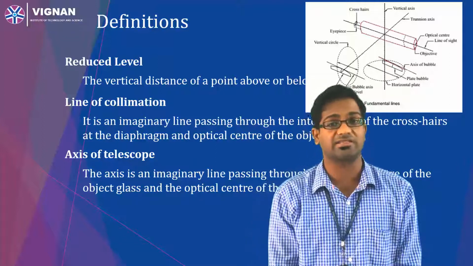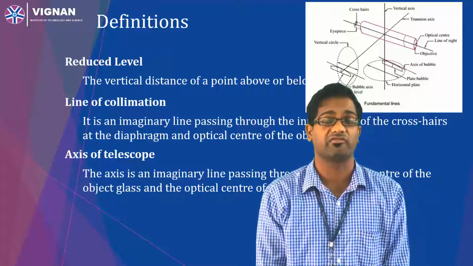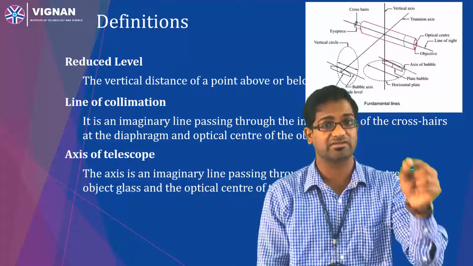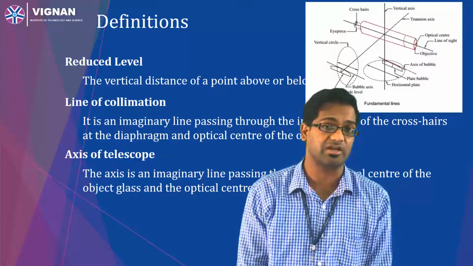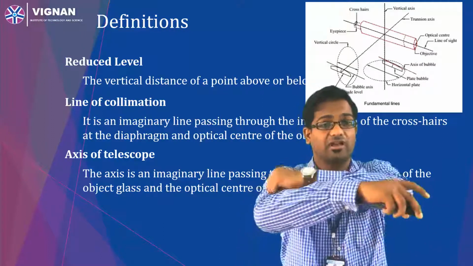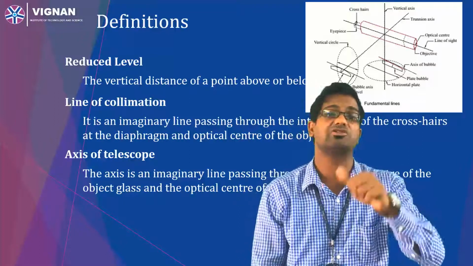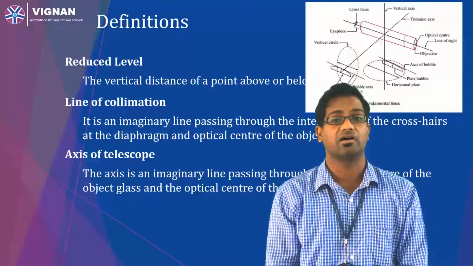The instrument is set up in a computer and these axes are exactly measured within 2 seconds, in degrees, minutes, seconds. If the line of collimation and axis of telescope do not match, then your instrument is in error and needs serious attention for repair.